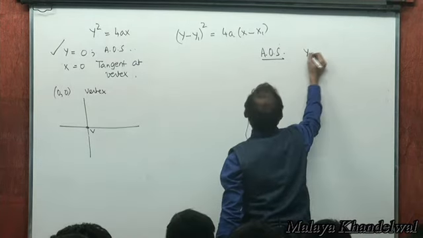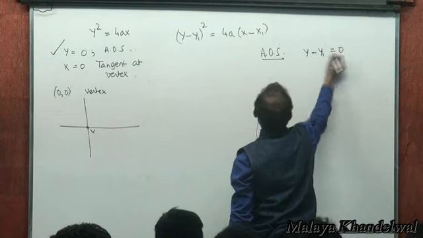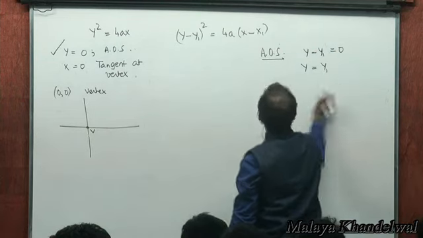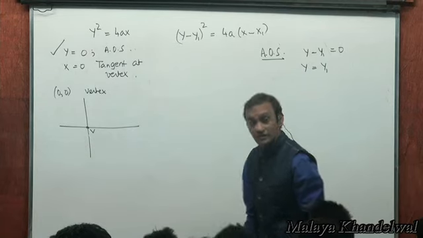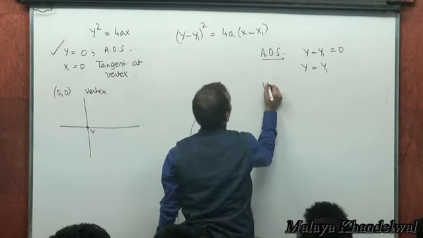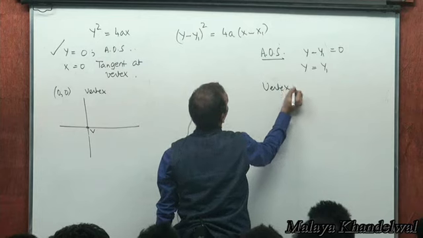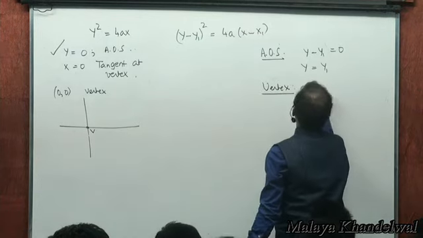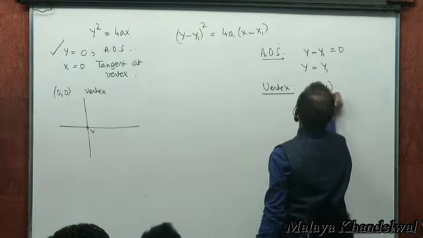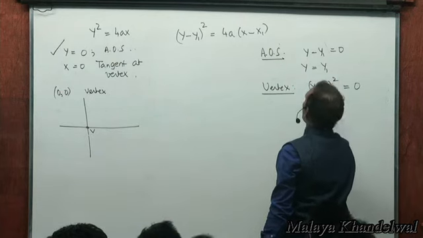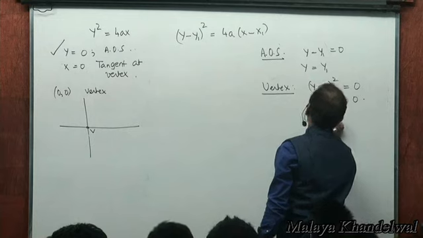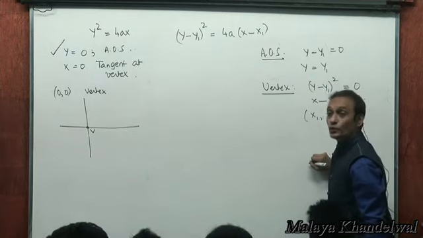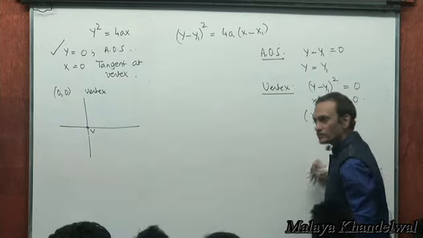That means y minus y1 equal to 0. That means y equal to y1 is the revised axis of symmetry. The vertex of this parabola, obtained by plugging in y minus y1 whole square equal to 0 and x minus x1 equal to 0, will give me x equal to x1 and y equal to y1. That's the vertex of this parabola.